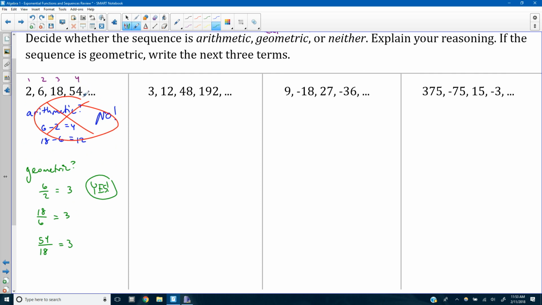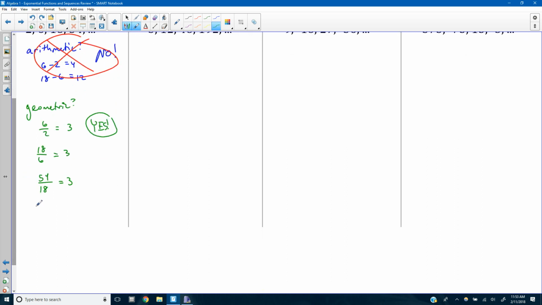So write out the next 3 terms. Well, the next 3 terms, they start from 54. And from 54, I'm going to multiply by 3. And then from that number, I'm going to multiply by 3. Now, I may use a calculator here. I'm going to try my best without it. You know I like to do that. Now, the thing that I'm doing right here is actually called using recursion.